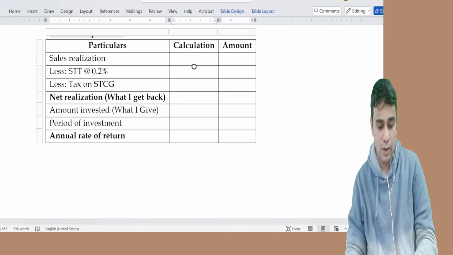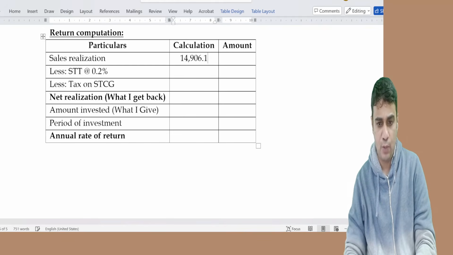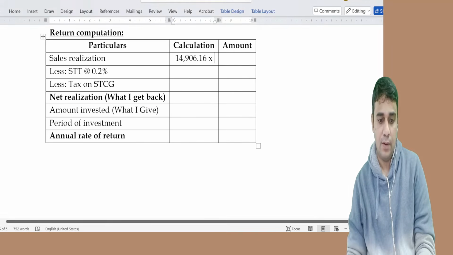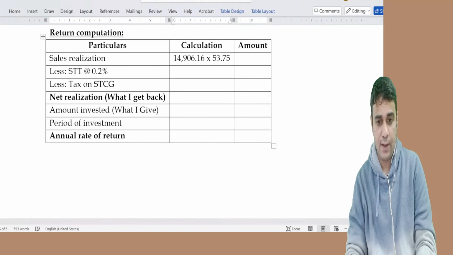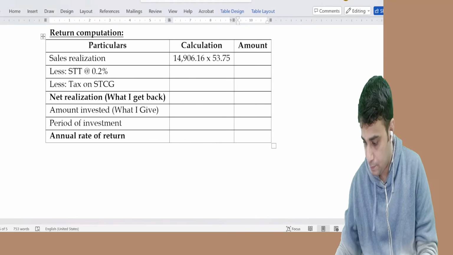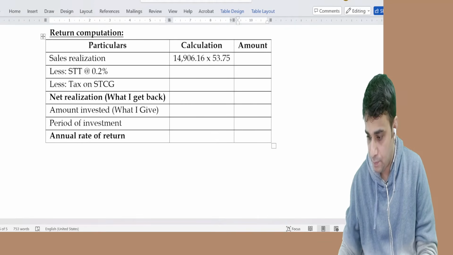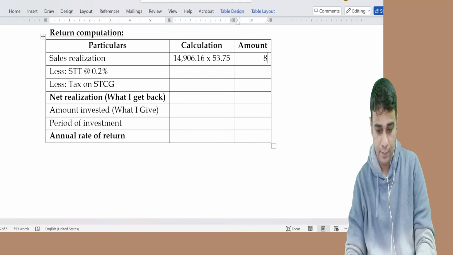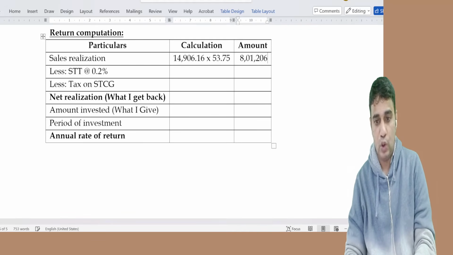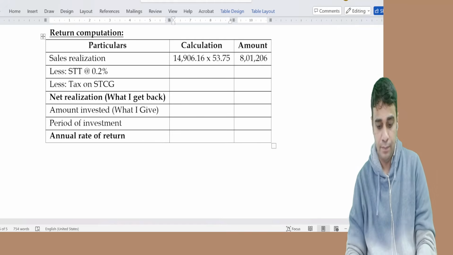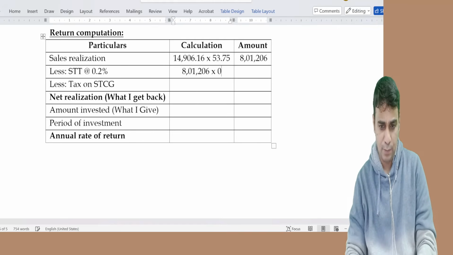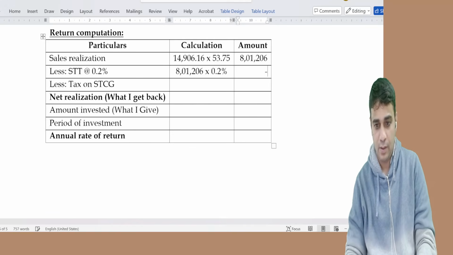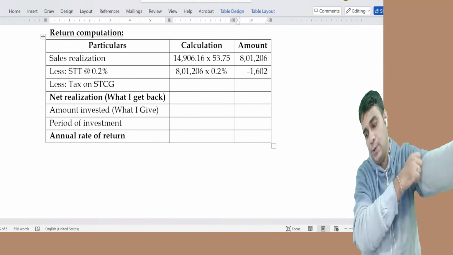Can we start? 14906.16 into the NAV of this fund, 53.75. Round off and write the amount. 8 lakh 1,206. 801,206 into 0.2%, 1602.